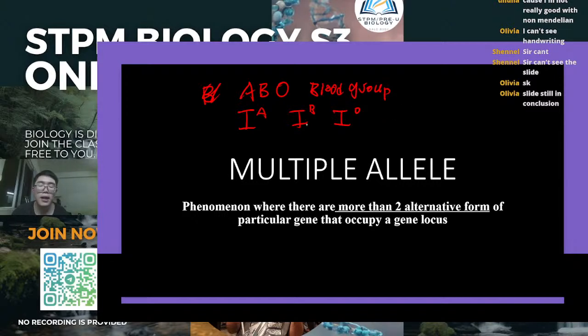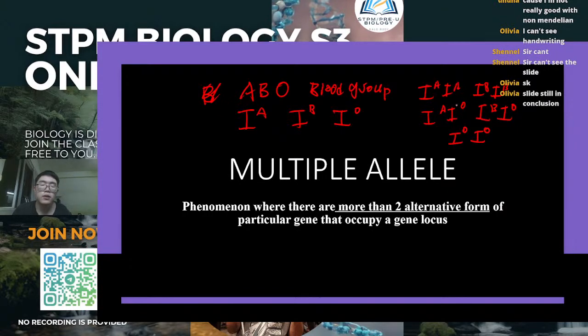It does not mean that these three alleles can be mixed together. There is no mixing. You will only get either these or these, or this. So there are 5 probabilities. Compared to Mendel's 3 probabilities, this one has 5 probabilities of the phenotype.